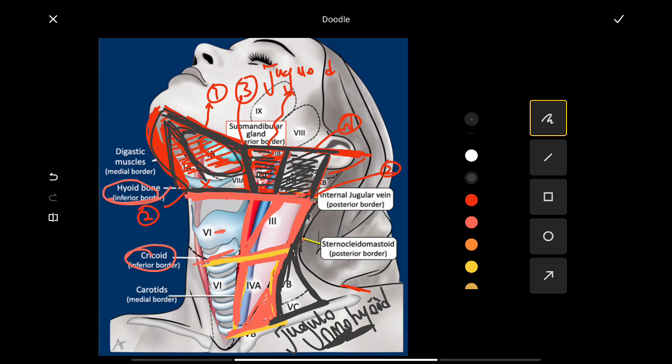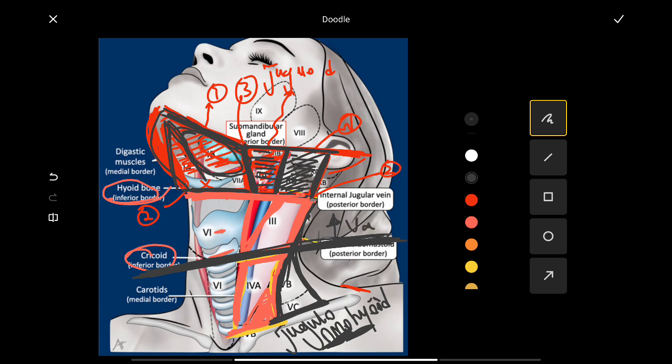It is divided into 2 levels. There are 2 main subdivisions. If you take a horizontal line at the level of the cricoid cartilage, here, okay? This horizontal line at the level of the cricoid cartilage. This part of this triangle above is called 5A.